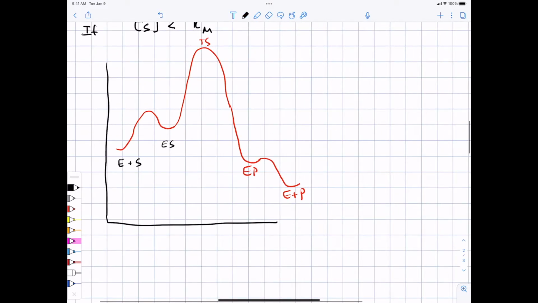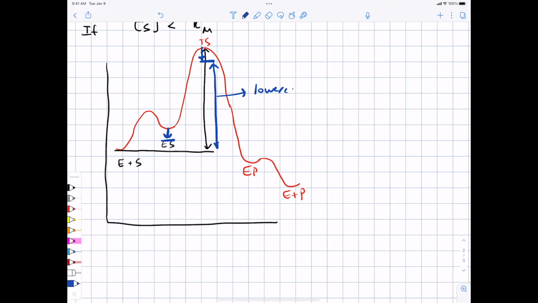Under this situation, if you stabilize the enzyme substrate complex, the activation energy is the difference in energy between starting materials and transition state. If you lower the free energy of the enzyme substrate complex and lower the free energy of the transition state by an identical amount, because our starting point is down here, now we have lowered the activation energy.